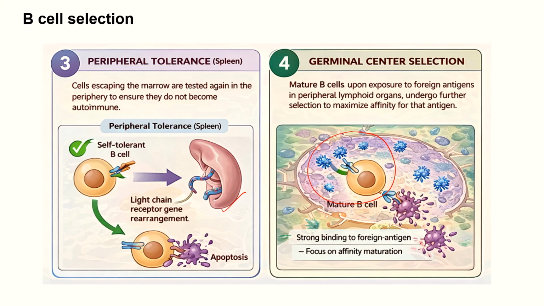So there could be more and more maturation of the B cells which are effective in nature, and the mature B cell population is produced in large quantity in order to nullify the antigens. So this is what you call germinal center selection.